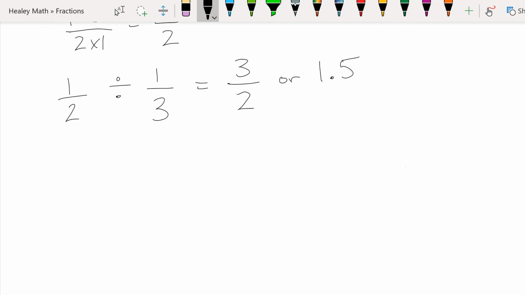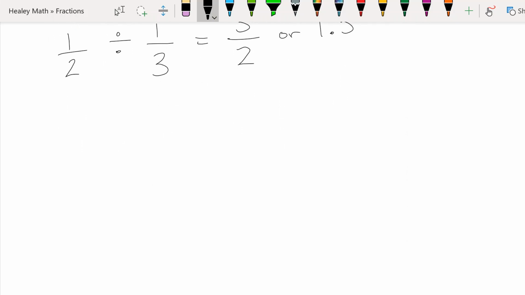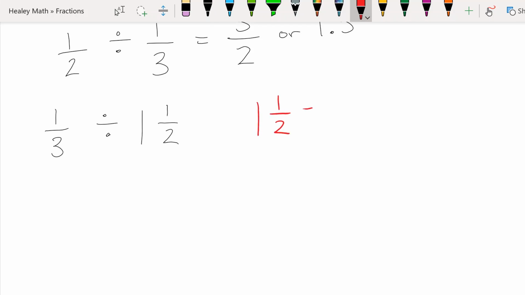Let's try one more example. Perhaps we have the question where we have 1 over 3 divided by 1 and 1/2. We need to first convert this mixed number to an improper fraction.